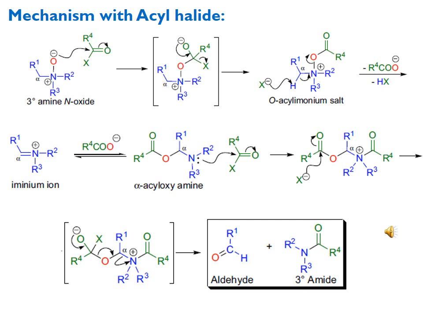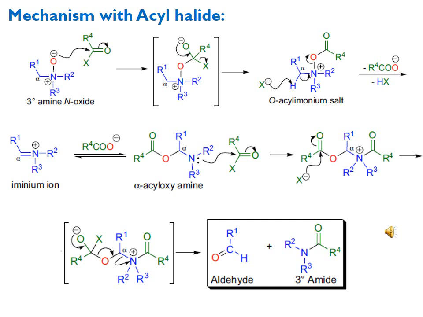Now the difference from the last one is that in the last mechanism the alpha proton was abstracted by the oxygen of the acyl group attached to the nitrogen, but in this case the proton is abstracted by the halo group, and the two electrons between carbon and hydrogen move towards the carbon-nitrogen bond, making it a double bond, and the acetyl group is removed as a byproduct. The positive charge of nitrogen is counterbalanced by this acylate group.